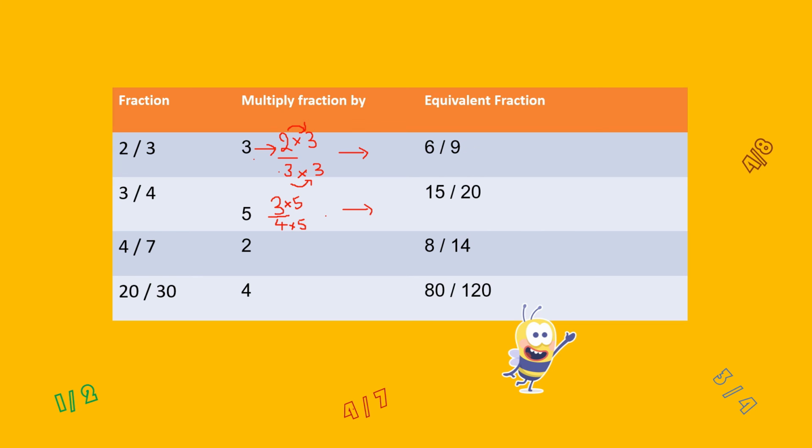So 15 by 20 is the equivalent fraction of 3 by 4. Similarly, when I multiply 4 by 7 by 2, I get 8 by 14, which is an equivalent fraction of 4 by 7. And I can find an equivalent fraction for 20 by 30 by simply multiplying it by 4.